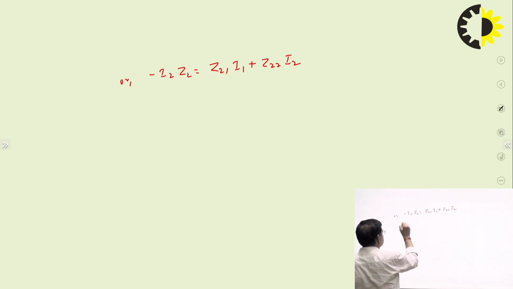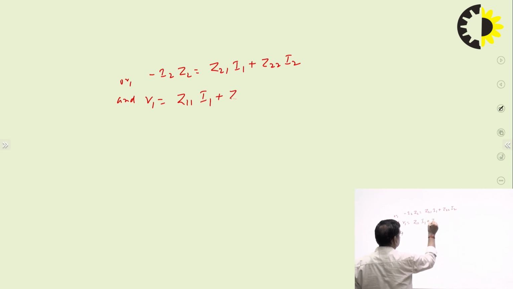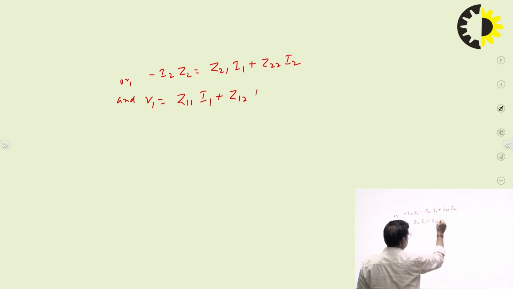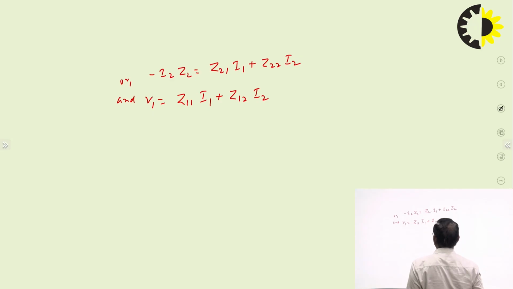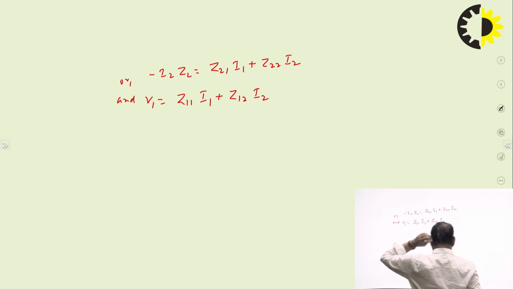And V1 is Z11 I1 plus Z12 I2. So what we have to find is V1 upon I1. So what we will do is replace I2 from here and put it here and solve for V1 upon I1.